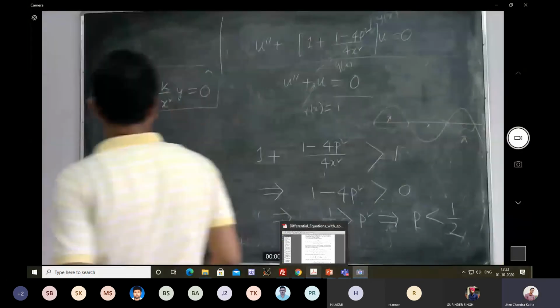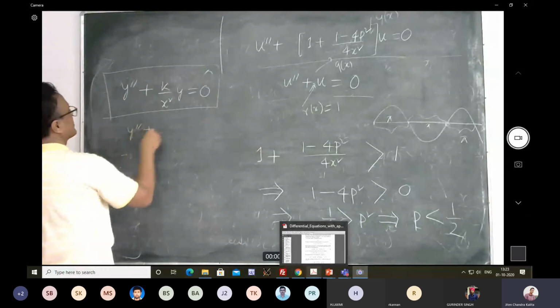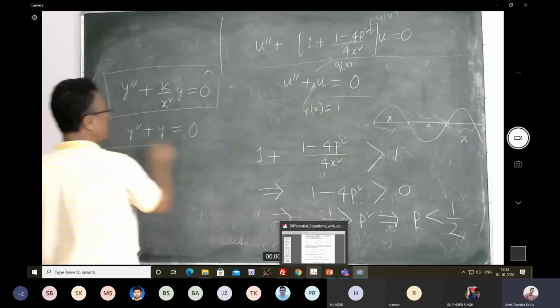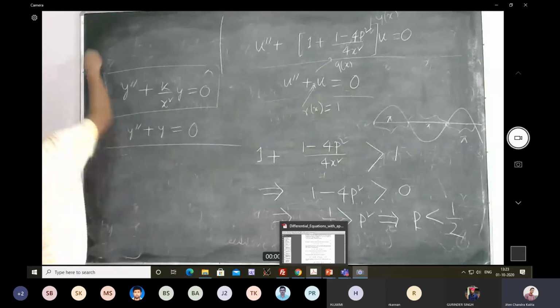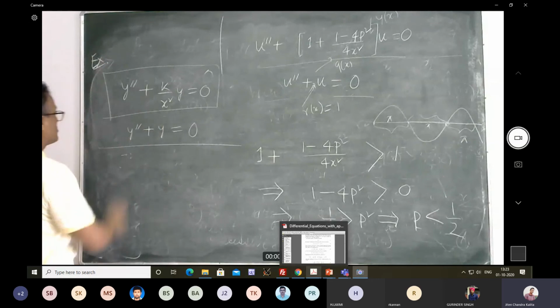Simply by comparing this equation with this one, I'm leaving it as homework.